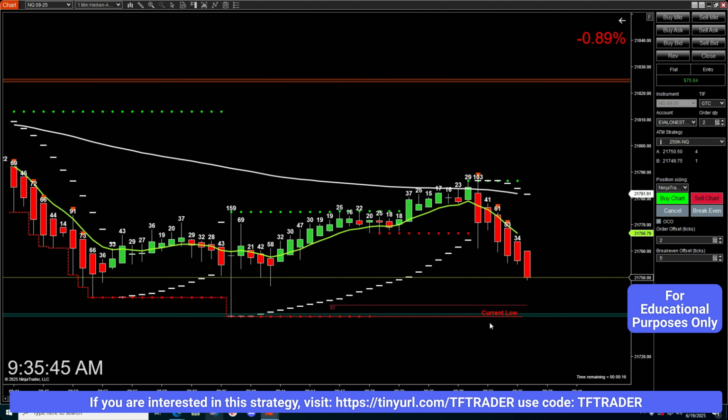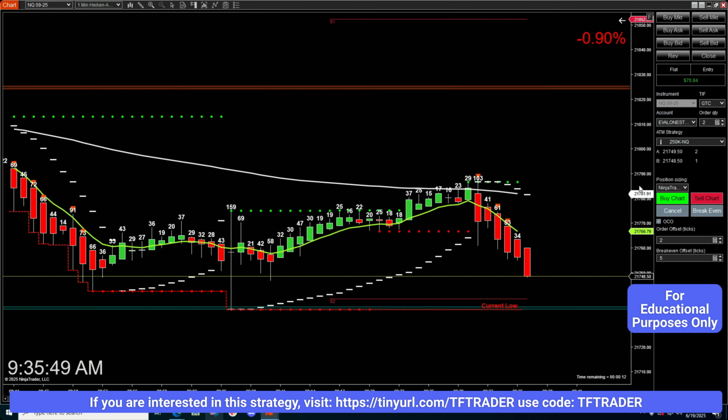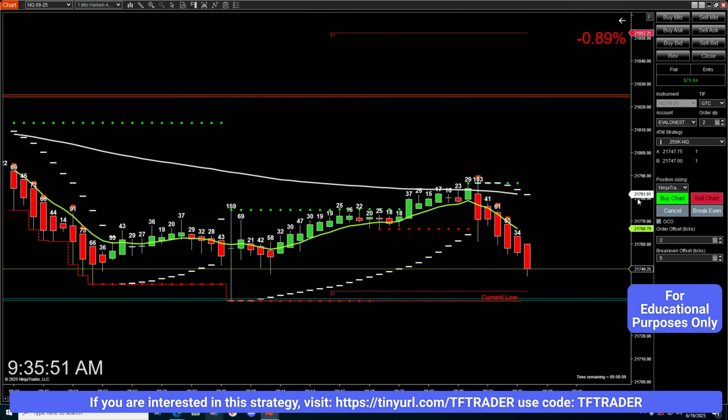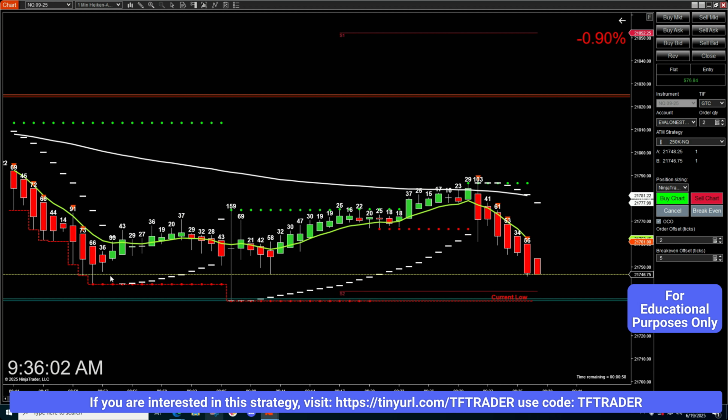We could be going for an S3 here if it touches this low here. Well, that was a mistake. It looks like I prematurely got out of that trade, but green is green.